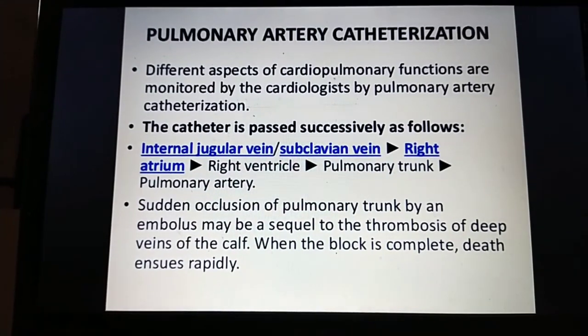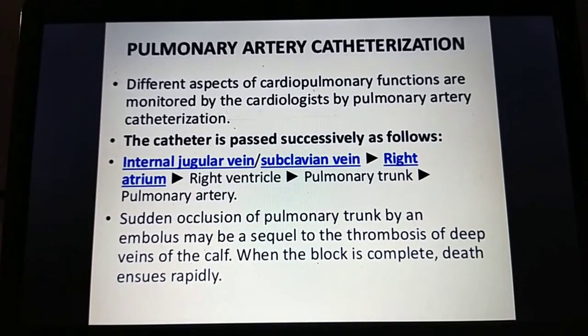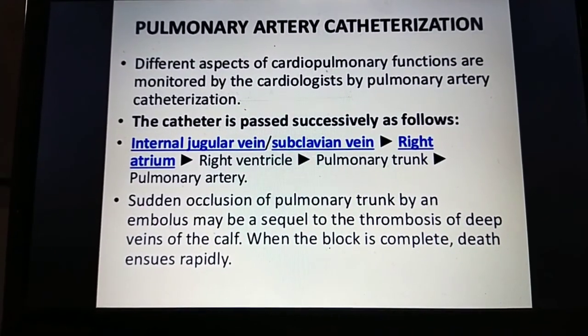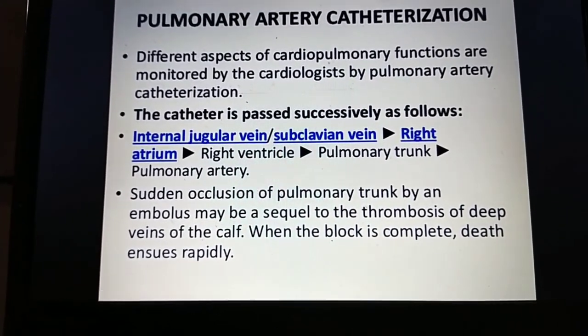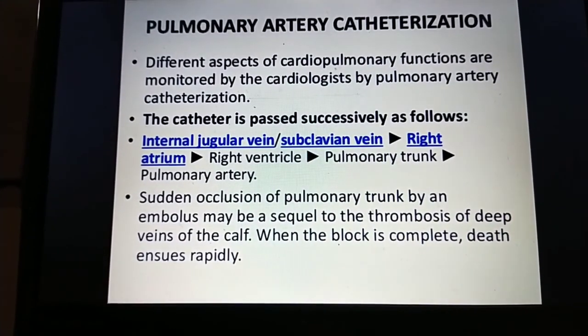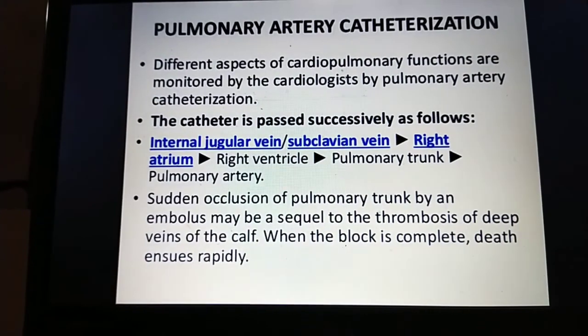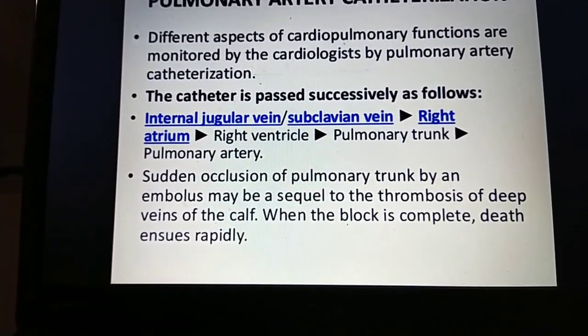Different aspects of cardiopulmonary diseases or functions are monitored by the cardiologist by pulmonary artery catheterization. The catheter is passed as follows: internal jugular vein or subclavian vein, to the right atrium, to the right ventricle, to the pulmonary trunk and to the pulmonary artery.